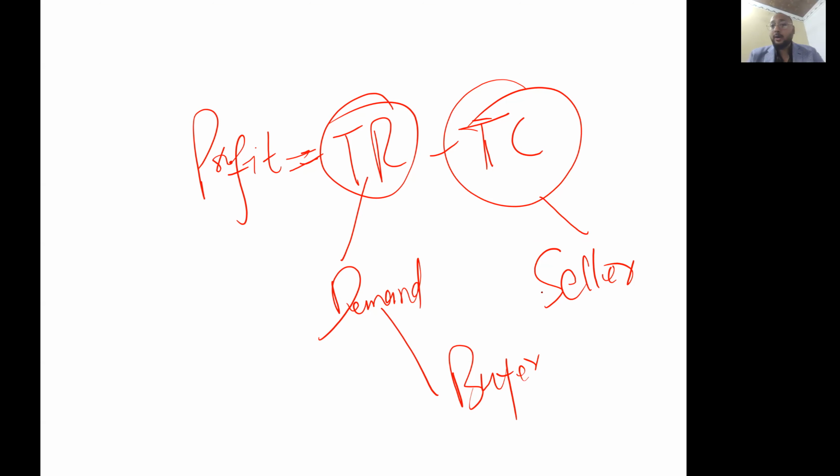So how can you increase profit? You have two ways. Either you can increase the total revenue, right? But even when increasing the total revenue, we have different cost structures, so we may also be increasing our total cost. So selling more doesn't mean that you will enjoy more profit. You can enjoy more sales, but you cannot enjoy more profit.